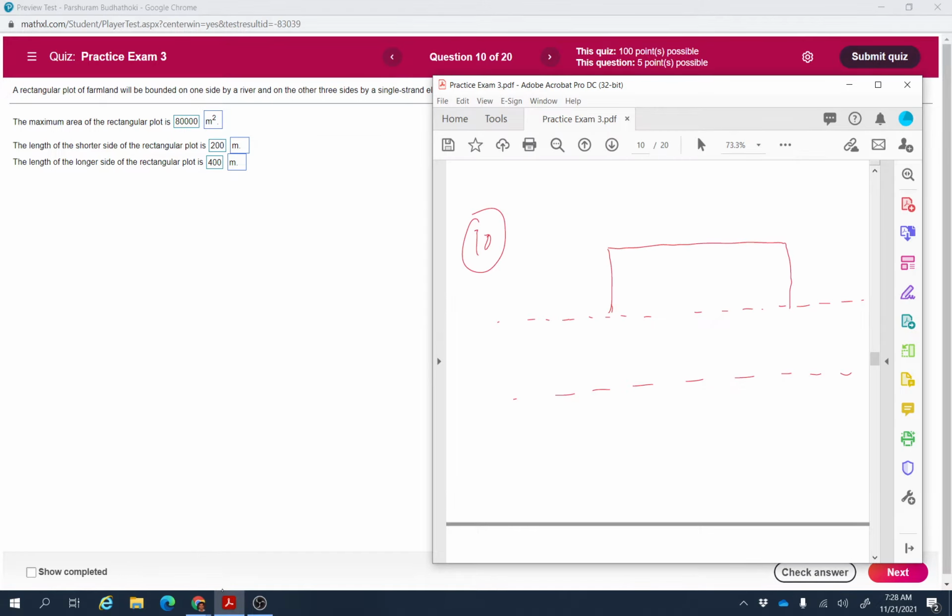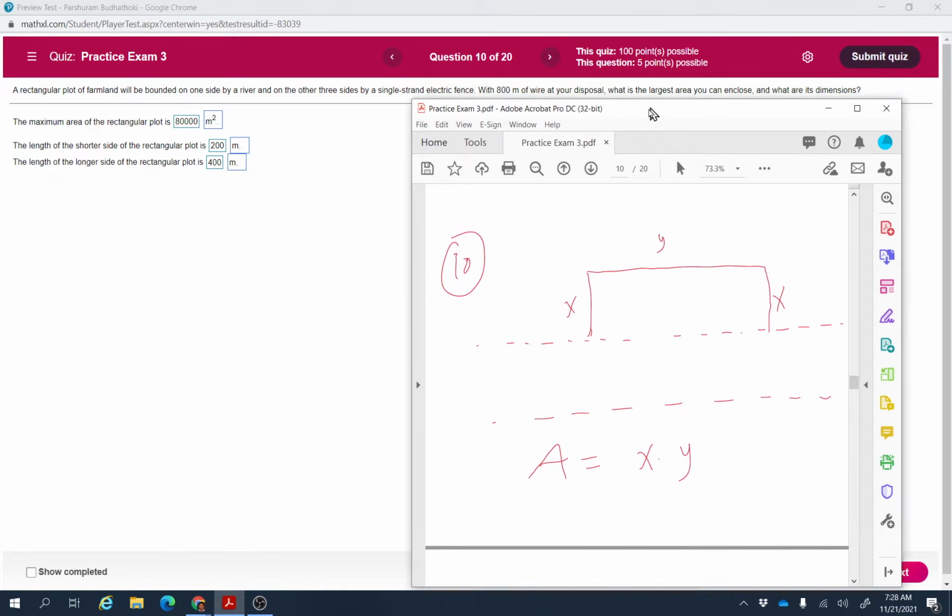First of all, because the farmland is rectangular, let's say one side of the farmland is x length, so the opposite side would always be equal, and the other side is y. We want to bound the maximum area. Just by looking at this rectangle, we can say that area can be found by x times y. And now we need to find the relation between x and y.